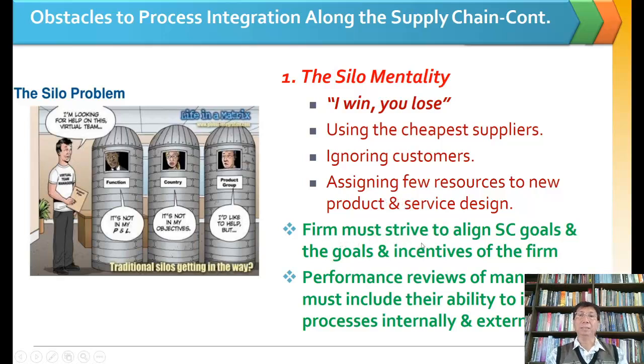Firms must strive to align supply chain goals with the goals and initiatives of the firm. Performance reviews of managers must include their ability to integrate processes internally and externally.